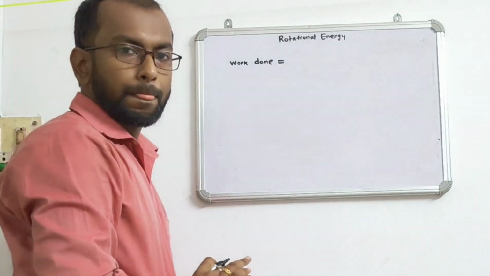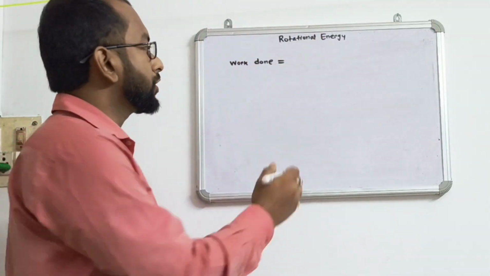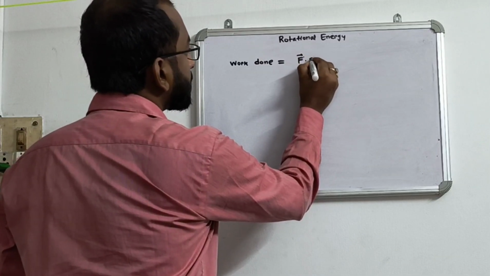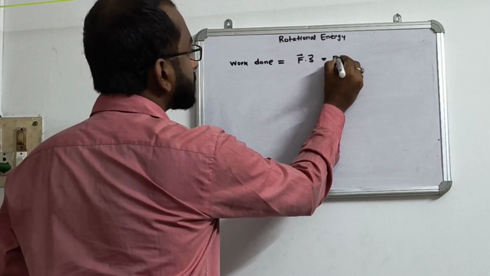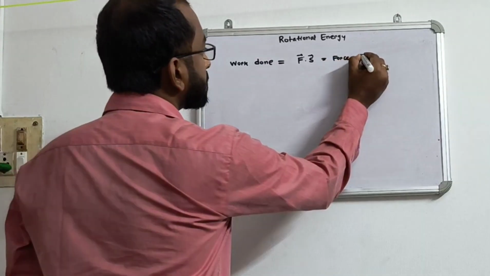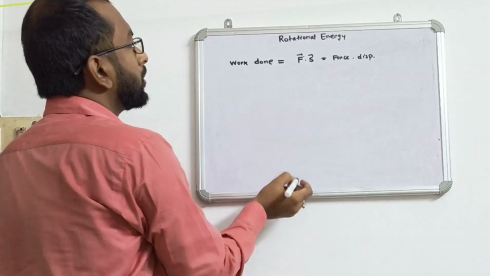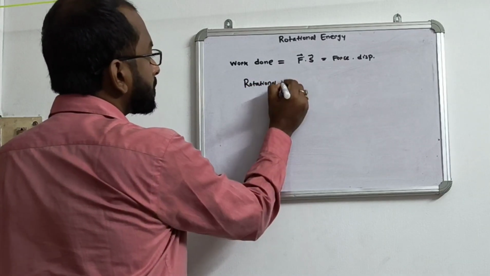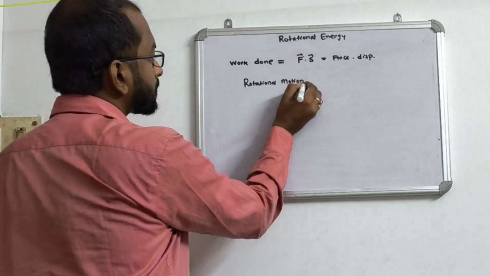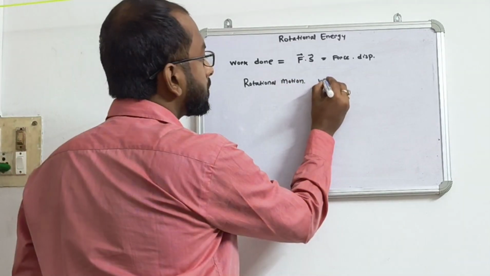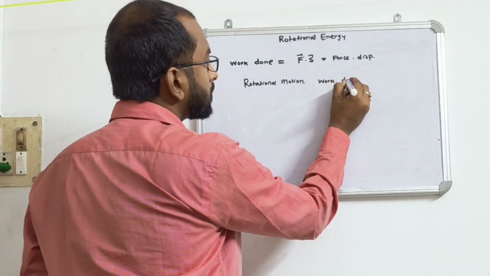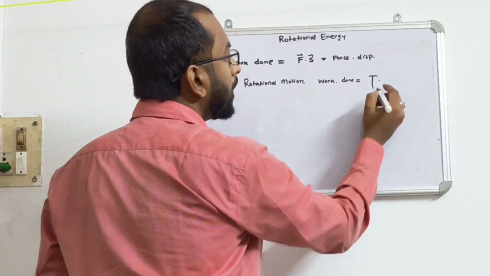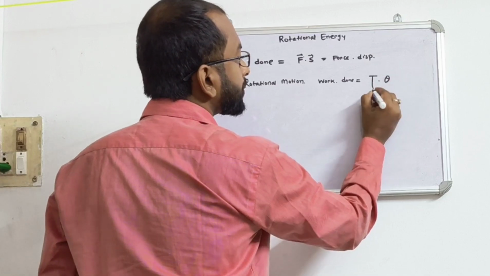So work done in the case of linear motion or translational motion, you know that it is force into displacement. In the case of rotational motion, the work done is torque into the angle of rotation.